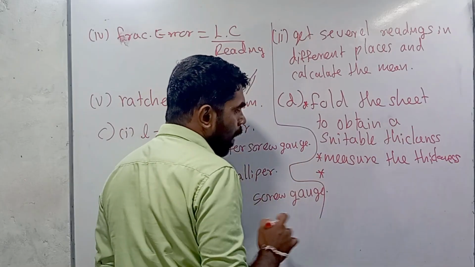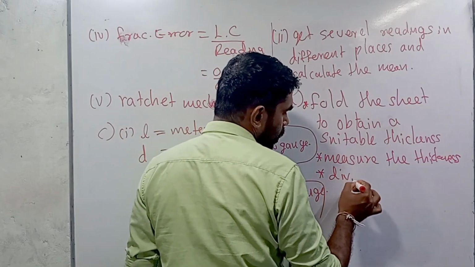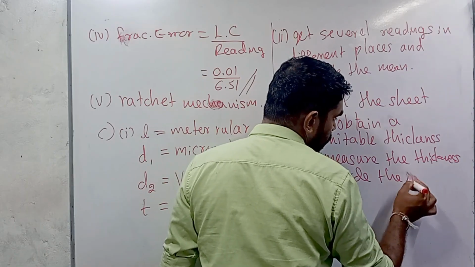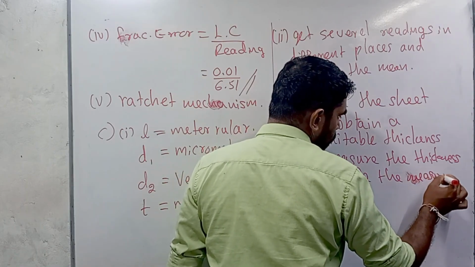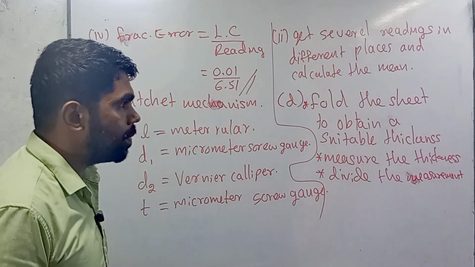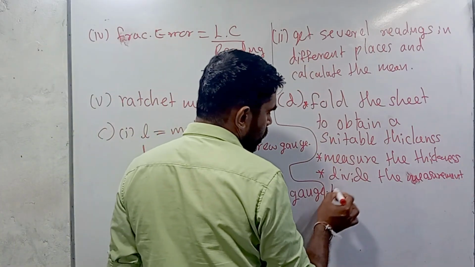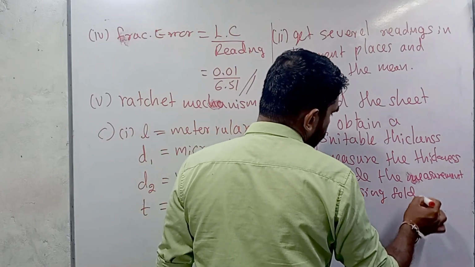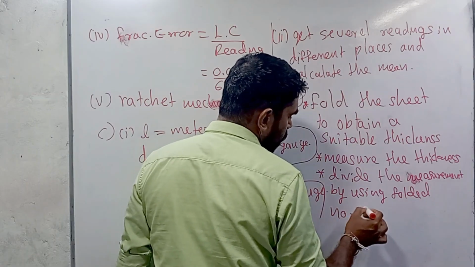Finally we can divide the measurement by the folded number of times.